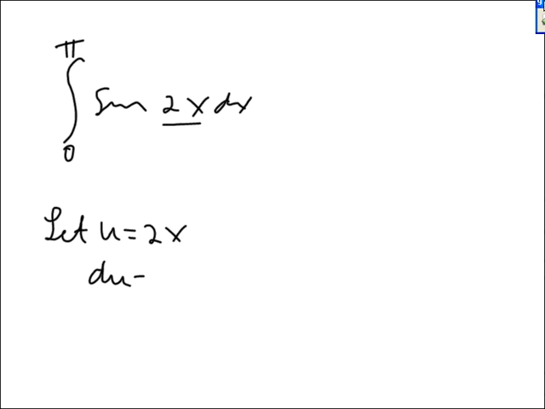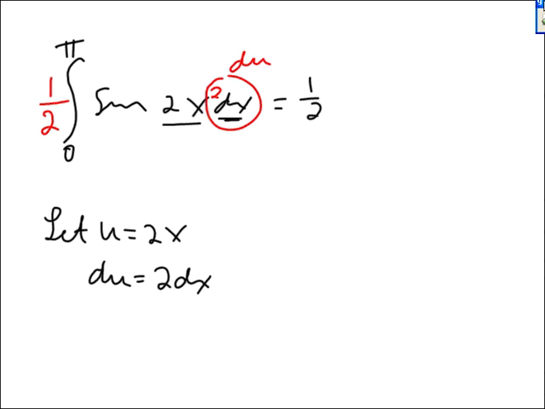Well then du will be 2 dx. Well, you have the dx, you just need a 2. If you put a 2 in, then that's du. But if you put a 2 in the top, you have to put a 2 in the bottom. Put a 1/2. And this becomes 1/2 integral of sine u du, where 2x dx is du.